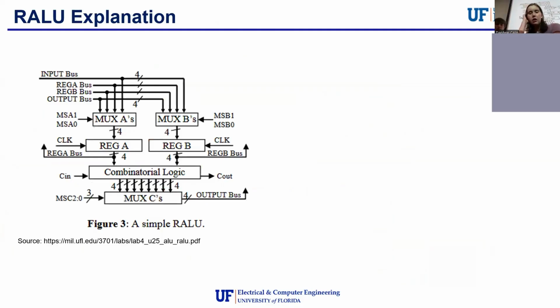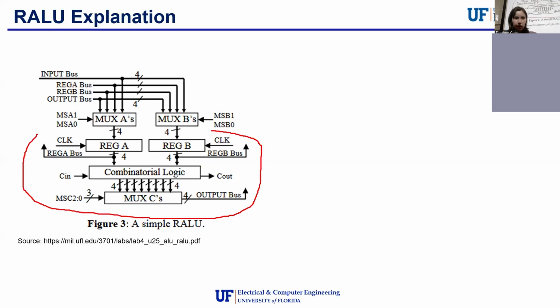So let's see. The next thing I wanted to go over is, I want to explain what is going on in this block diagram of the RALU. So this part you can think of as its own little ALU.